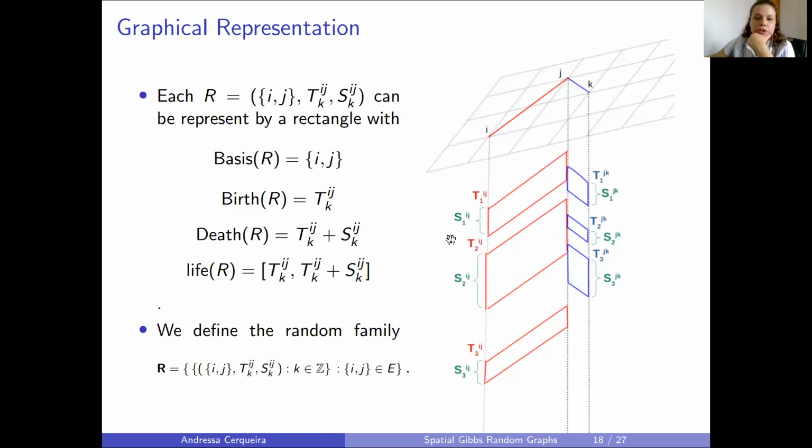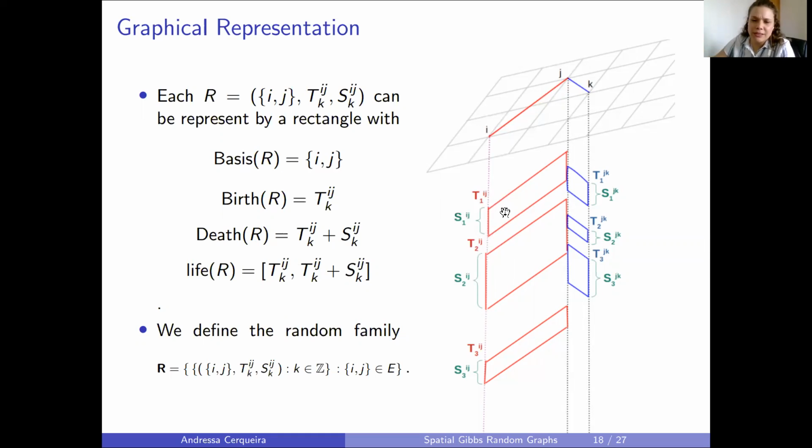Now, if you look at this representation, we can see these rectangles. Basically, what we are going to define here is what a rectangle is to us. A rectangle to us is like these rectangles, but we define the base of this rectangle by the edge i, j that we are analyzing. The birth time of this rectangle is the time that it tried to be born in the graph. The death time is the birth time plus the survival time. And the lifetime is just the length of this rectangle.